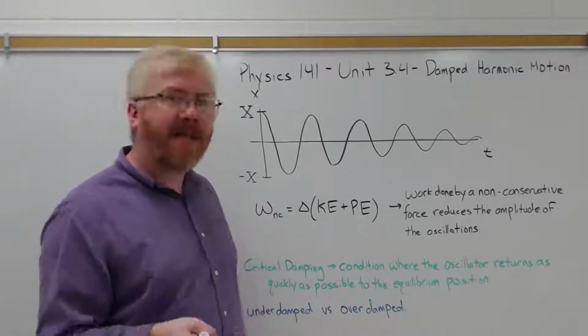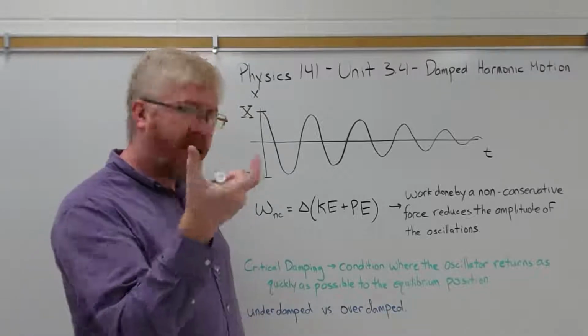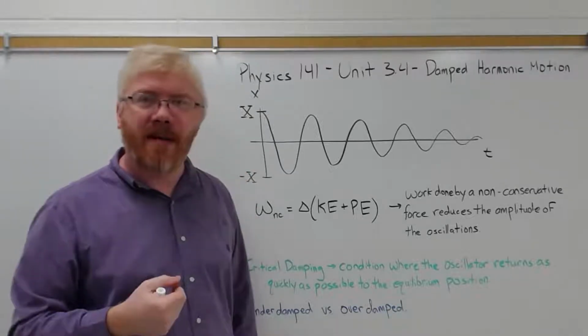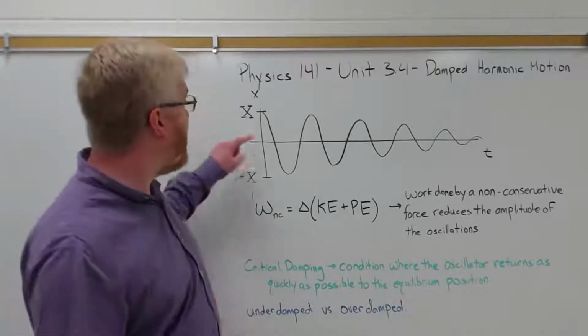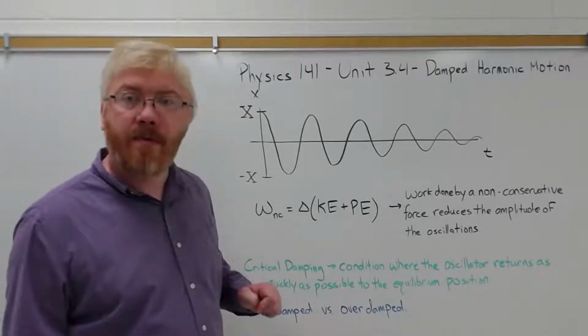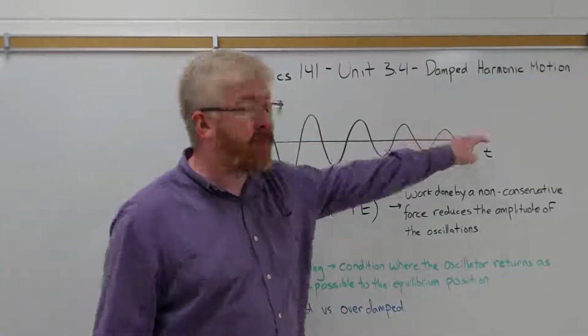Well, the spring constant, k, isn't changing. That's a function of the spring. How stiff is the spring? That doesn't change with time for this oscillator. So the only thing that can change is the amplitude. As the total energy gets smaller, the amplitude gets smaller.